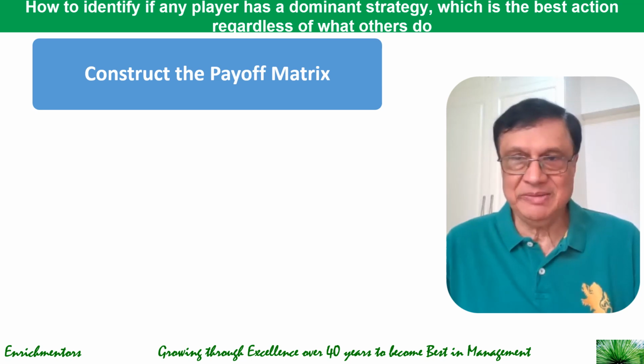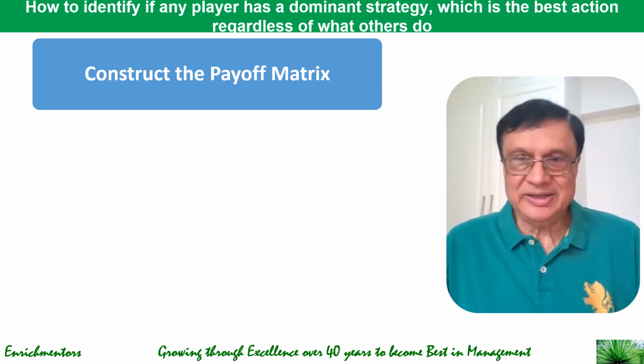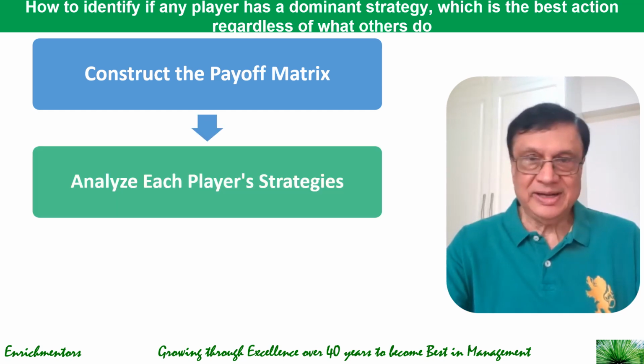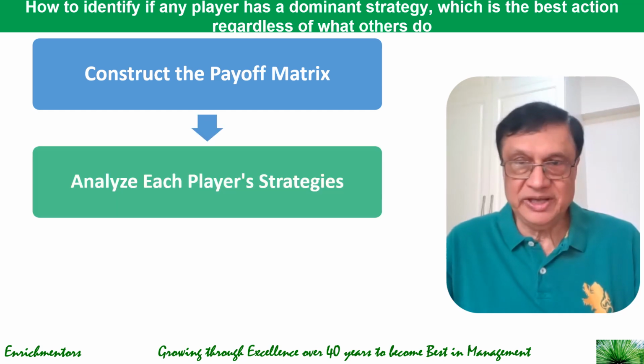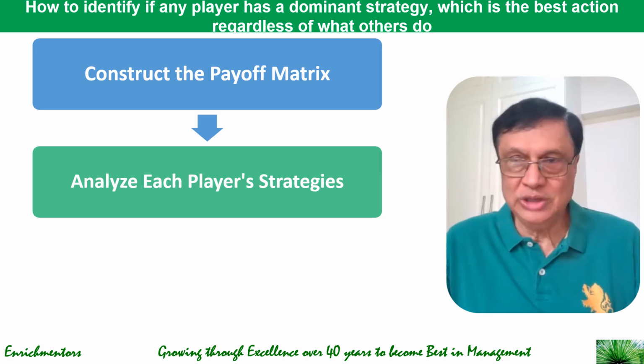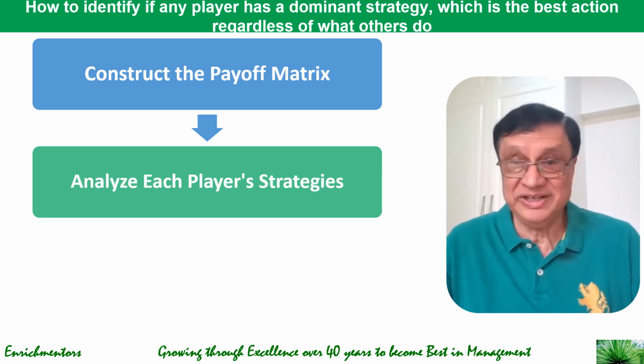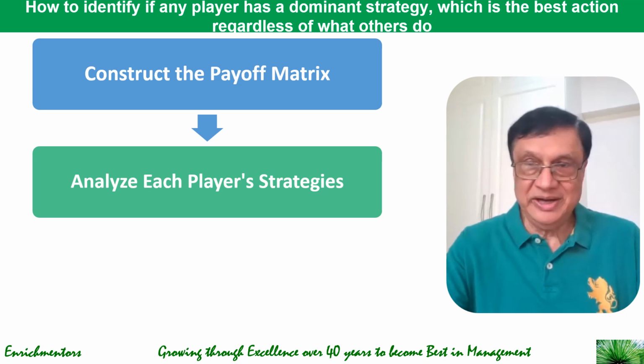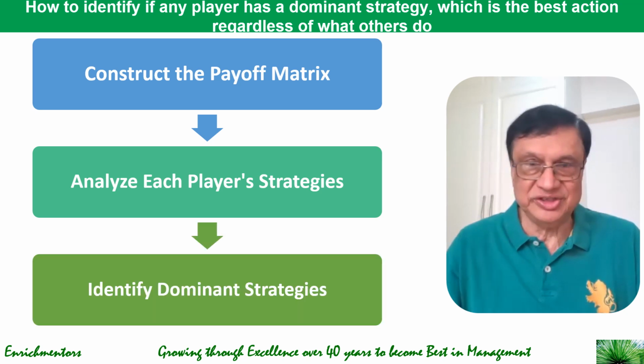Each cell in the matrix shows the payoff for each combination of strategies of player 1 and player 2. Then, for each player, you analyze the payoffs: you compare the payoff of all their strategies against each possible combination of the other players' strategies. And then you identify dominant strategies.